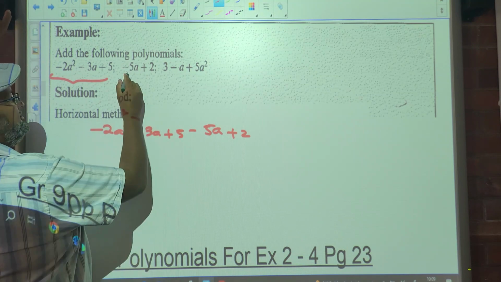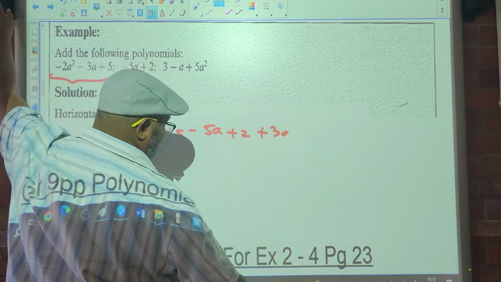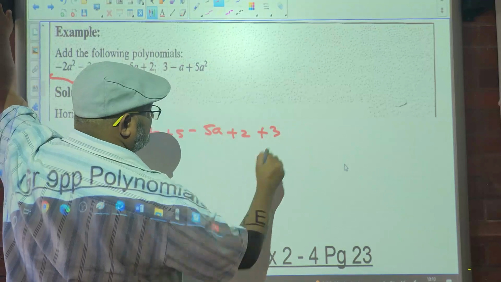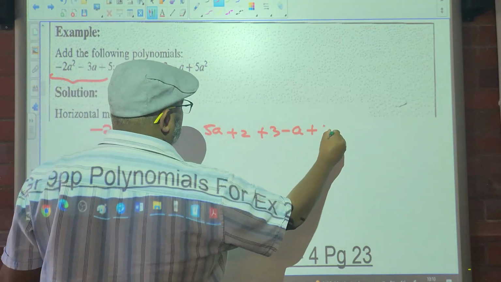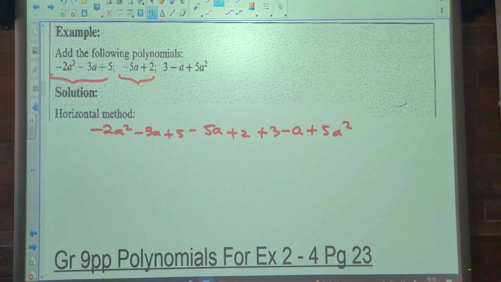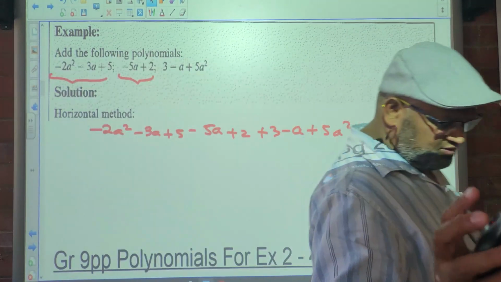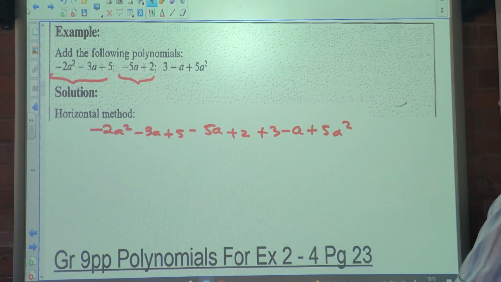And what must be added to that is 3 minus a plus 5a squared. Okay, I can write that down. Don't forget you must write the reference. This example is on page 24.